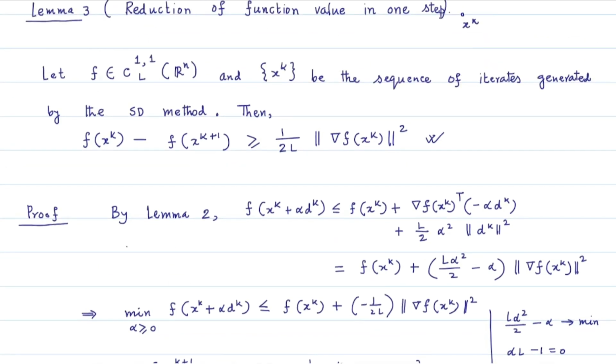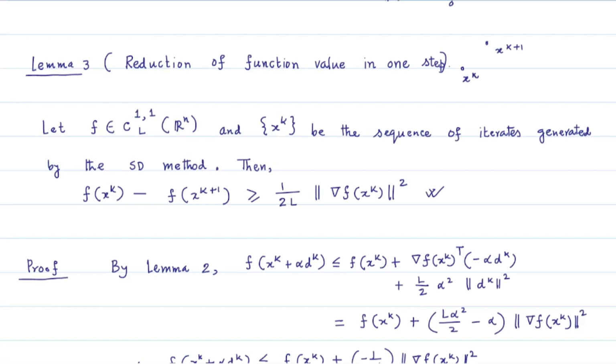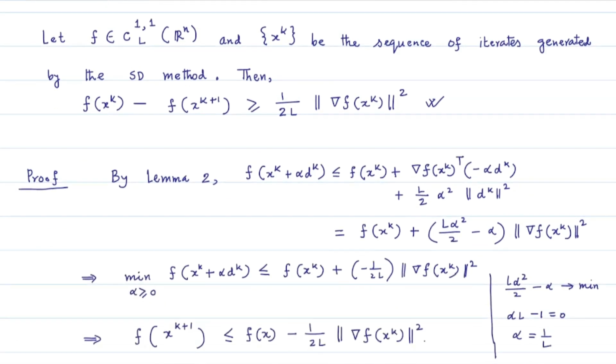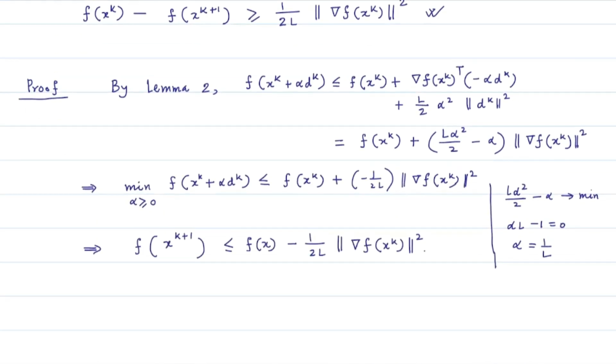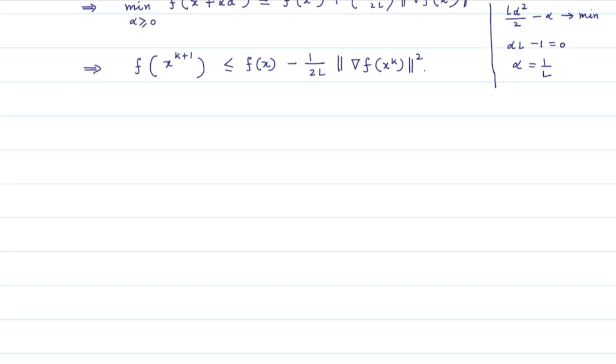With the help of this result, the lemma 3, I will now state a result that identifies the rate of convergence, the Q rate of convergence, of the steepest descent method. The result states that, let the objective function f be twice continuously differentiable near a local minimum, say x bar, of the function f.